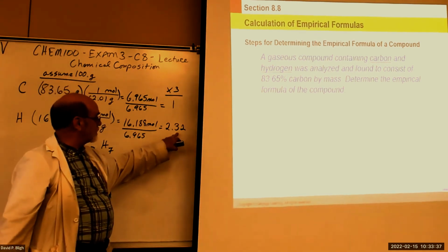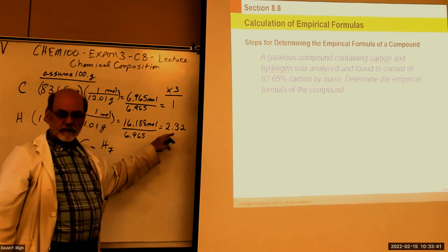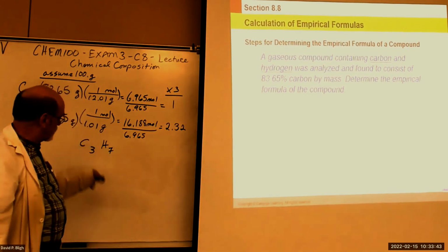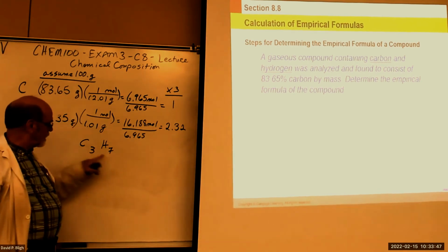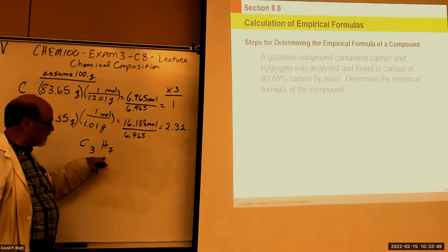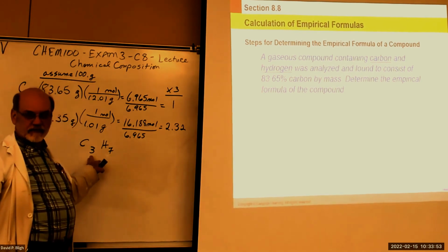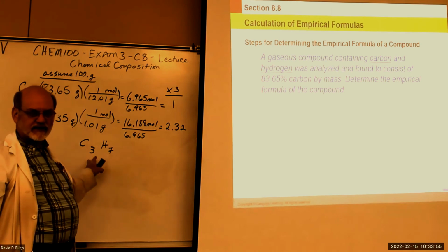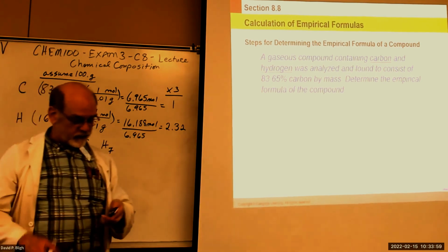I mean, 3 times 0.32 is not exactly 1, but it's very, very close. And we have to round because we can't have a fraction of an atom. So the empirical formula is C3H7. Can we reduce it any further? No. Those are both prime numbers. You can't divide them by anything that will reduce them further. So that's our empirical formula.